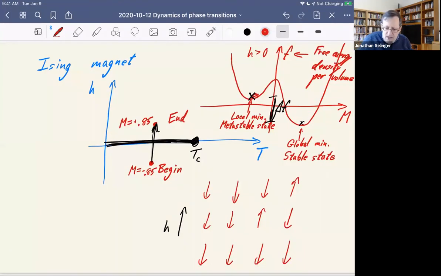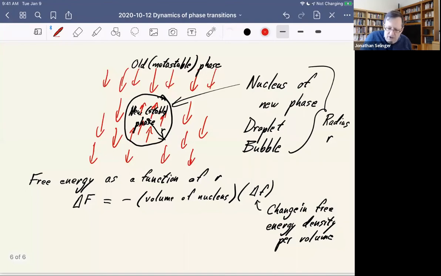Okay. Now we say, let's suppose we change a nucleus from one phase to the other phase. So we get the volume of the nucleus times this delta F, okay? So this has units of volume, this has units of energy per volume. So the product has units of energy. So for the volume of the nucleus, well, let's suppose it's approximately a sphere, right?